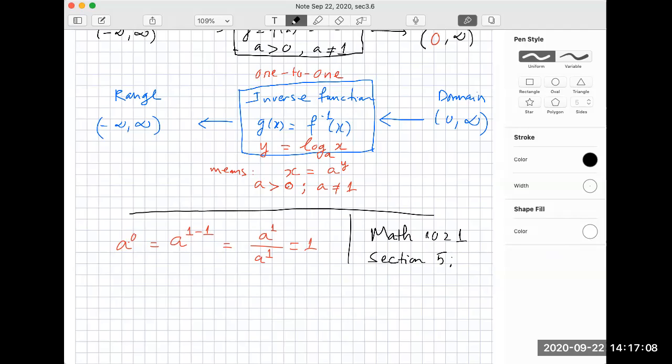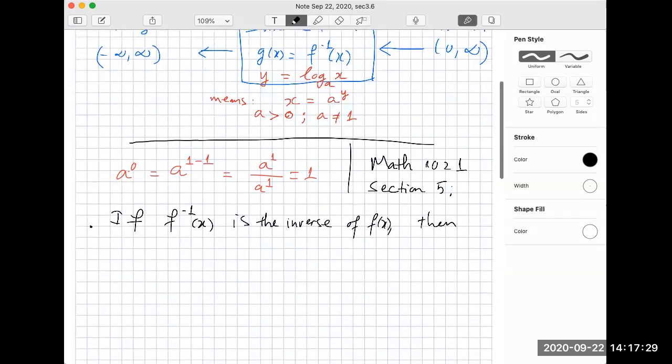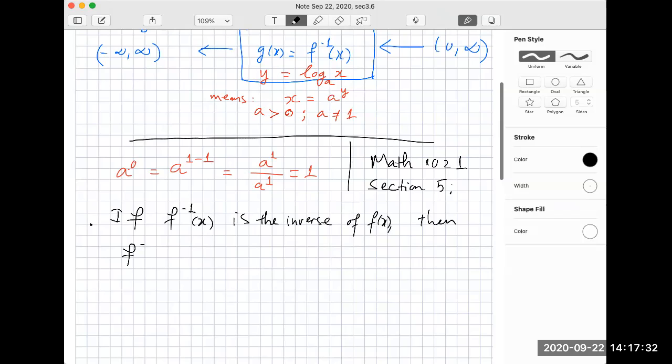A very important property of the inverse function is that if f inverse is the inverse function of the function f of x, then f inverse composite f applied to x will be the same as f composite f inverse applied to x, which is x.